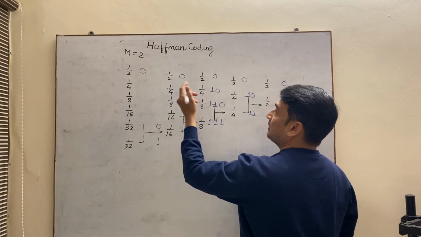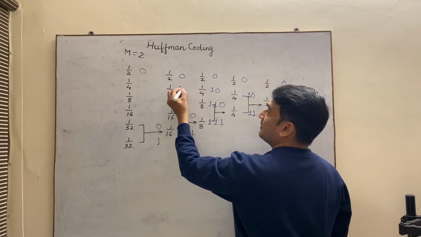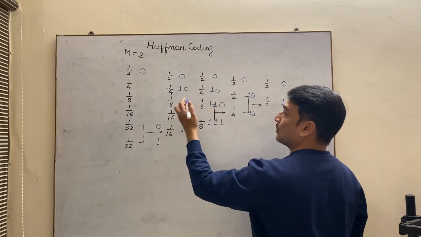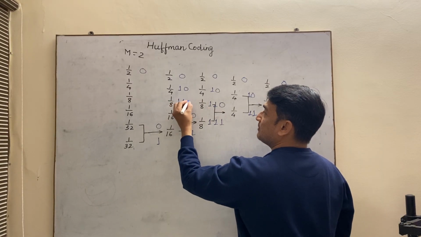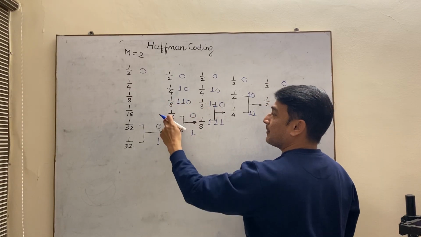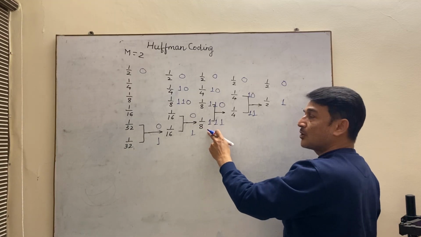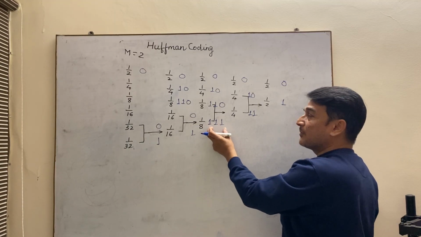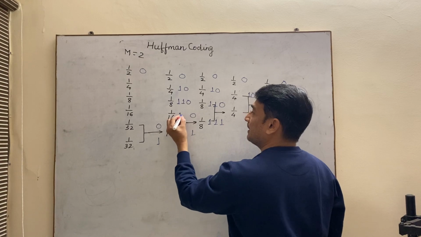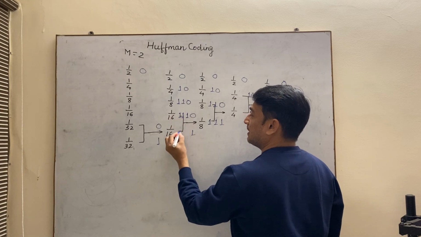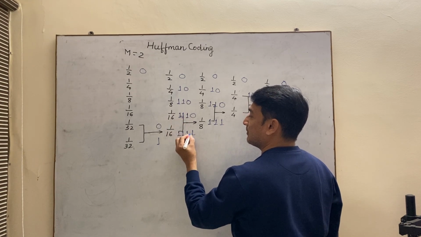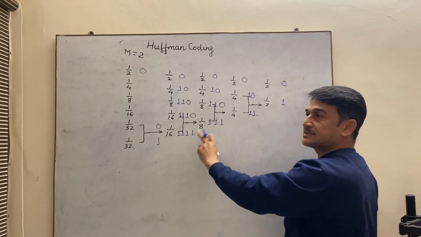So 1 by 4, code 10, 1 by 8, code 110, and 1 by 16 and 1 by 16 added and got 1 by 8, which is having code 111. This 111 we will keep in front of this. So the new code for both 1 by 16 is this.